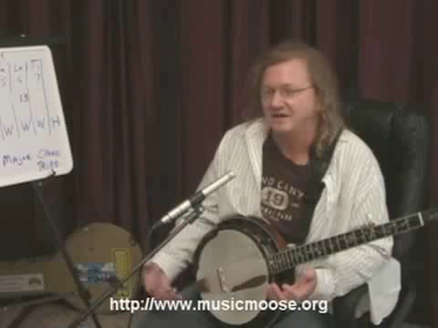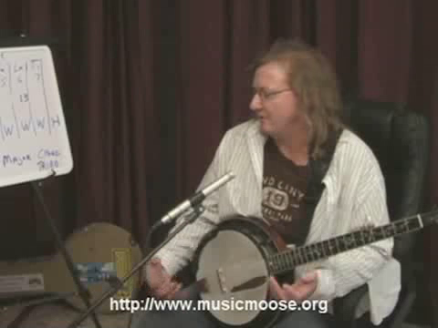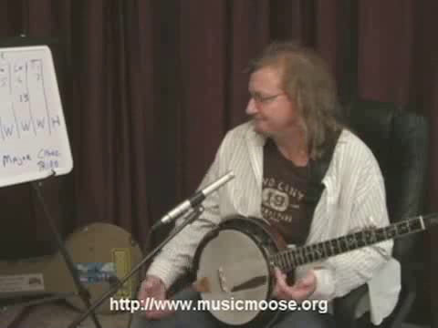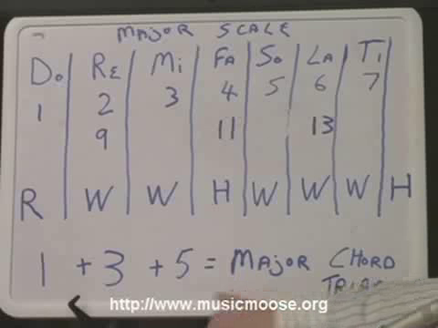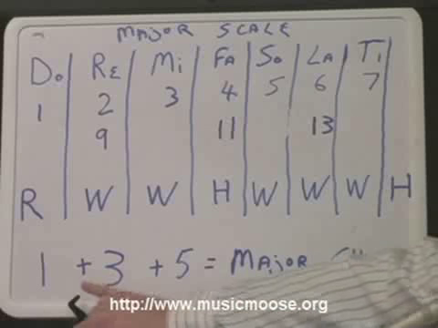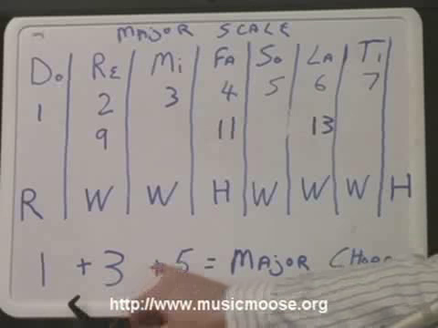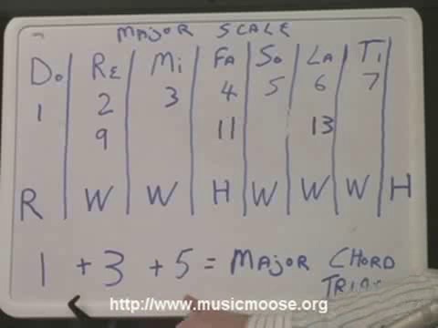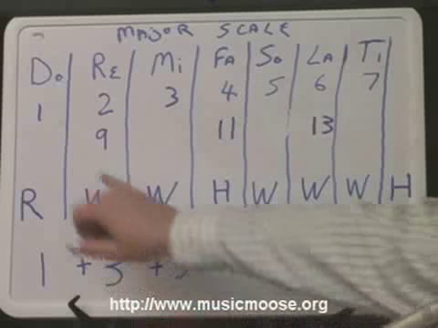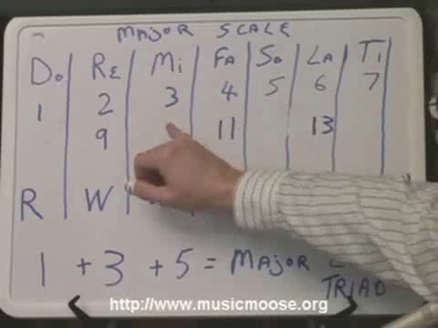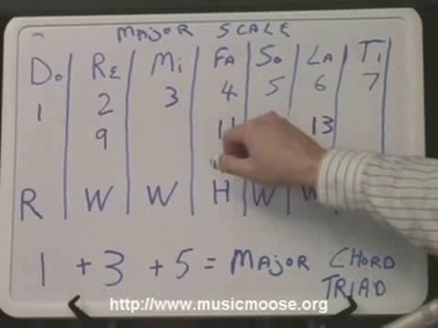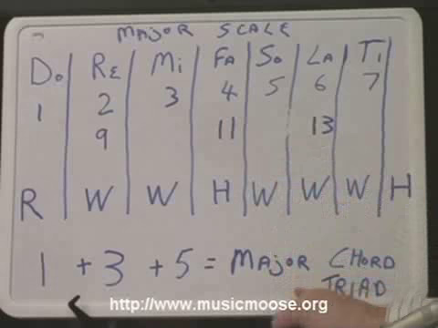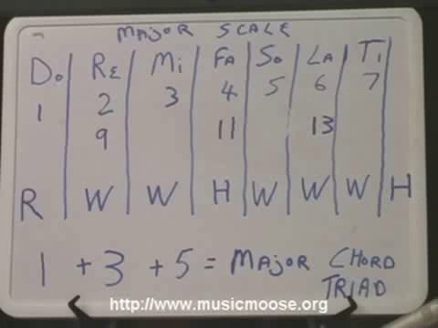This is why these chords that you already know are what they are. The formula for the major chord is 1 plus the 3 plus the 5. So what that means is we're going to take the 1, the 3, and the 5 out of that major scale, put them all together, and that's what creates a major chord, okay?